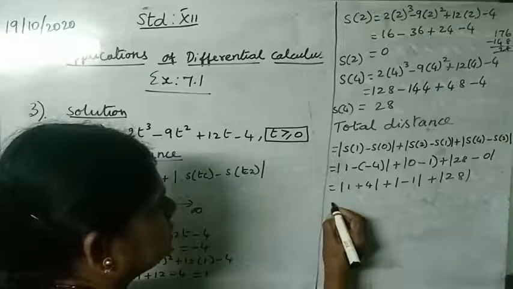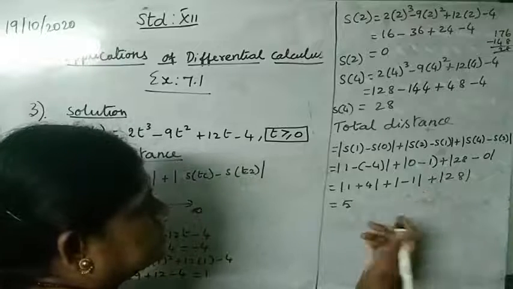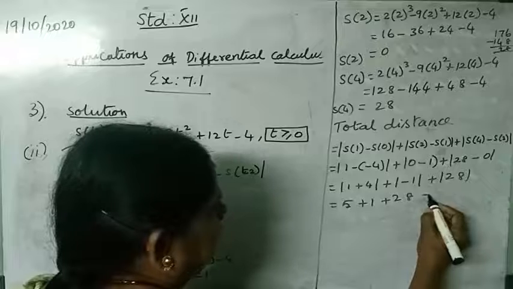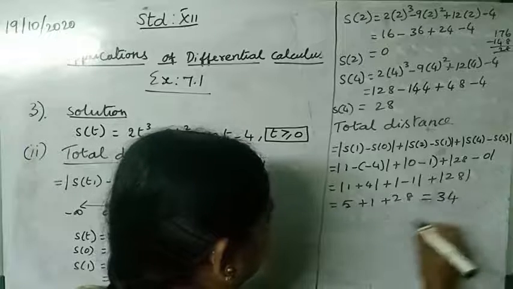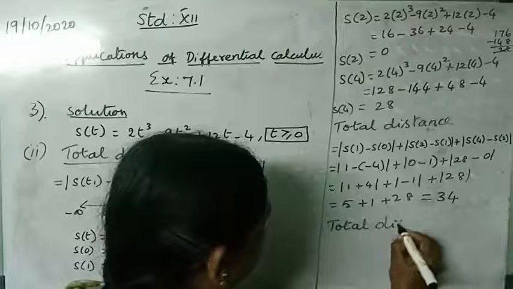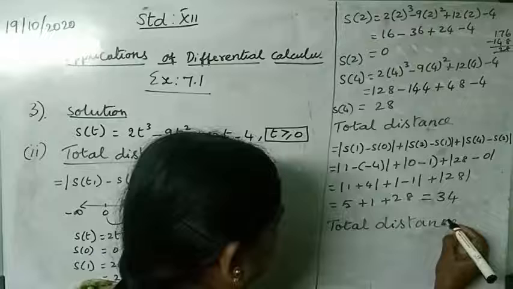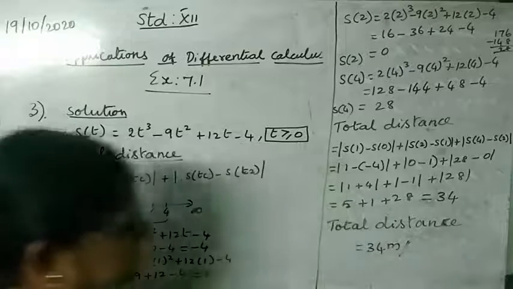Now remove the modulus and write 1 plus 4 is 5, modulus of minus 1 is plus 1, plus 28. So the answer is 29 plus 5 is 34. So the total distance traveled by the particle is 34 meter.